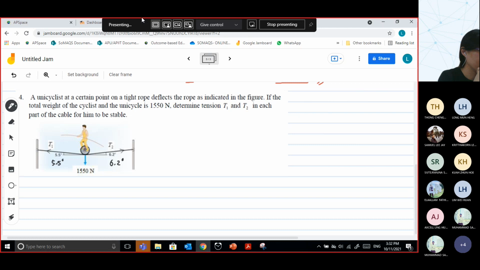T2 is 7598. The answer is 7,000 something, but I think it's different from Cheng Hao's answer.